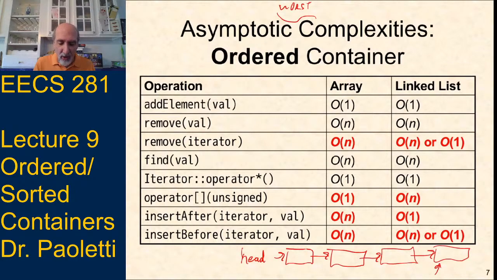Well, to get rid of that node, I've got to make the previous one point to this one's next, which doesn't exist. That's a null pointer. So I've got to modify that pointer. But to get there from the beginning of the list, I've got to go back to the beginning, go next, next, next, until I get to the one that points to the one that I want to delete. So that's when it would be O of n: if it's a singly linked list, and it's at the end.